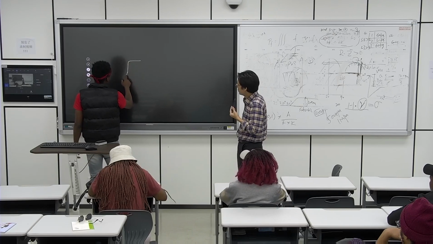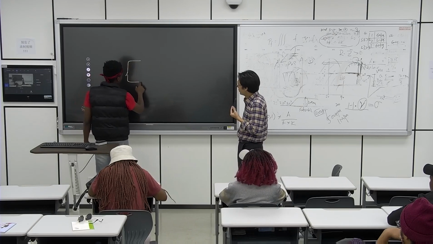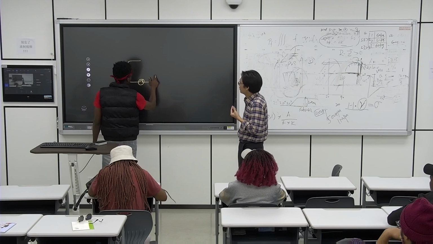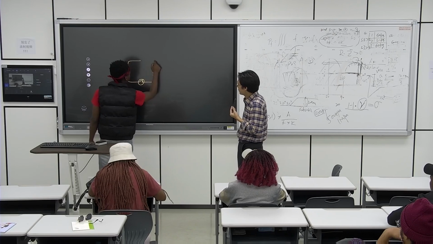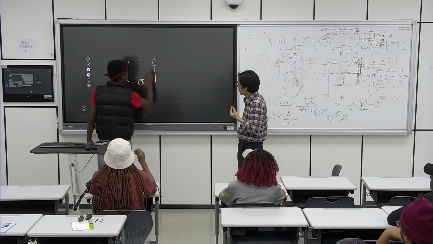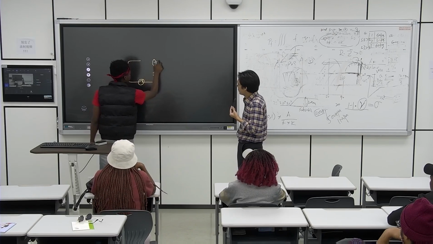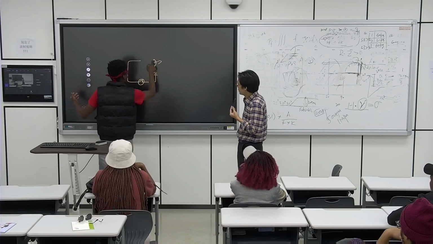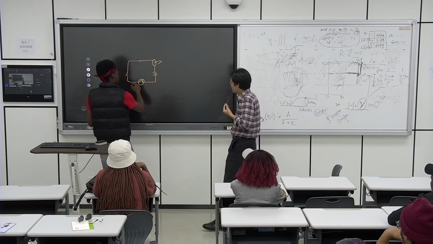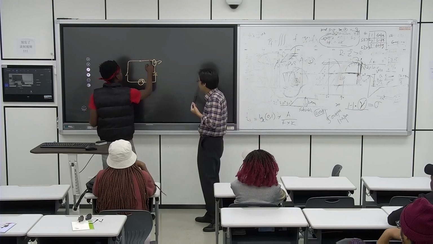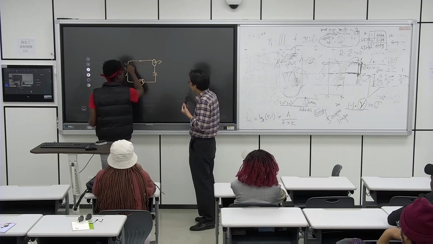Maybe here is the switch, then the bulb, and here is the liquid, which is the electrolyte I'm talking about, as part of the circuit.